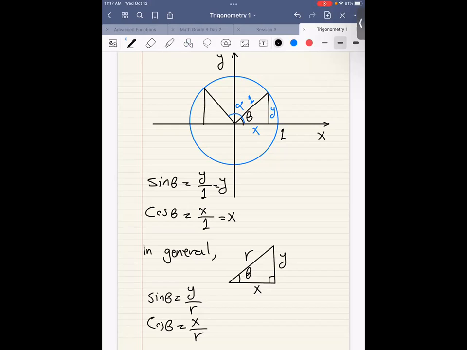So x and y are just the x component and y component of this point on the plane. So we have this point, it has an x component and y component, right? So I just call it x prime and y prime.